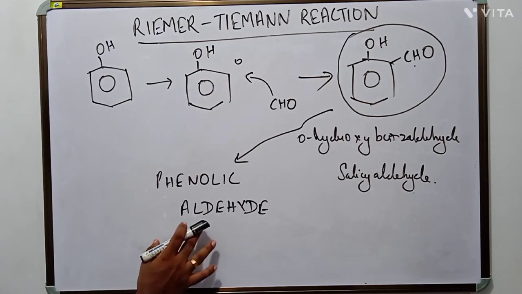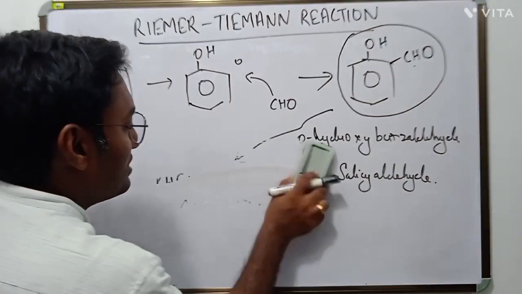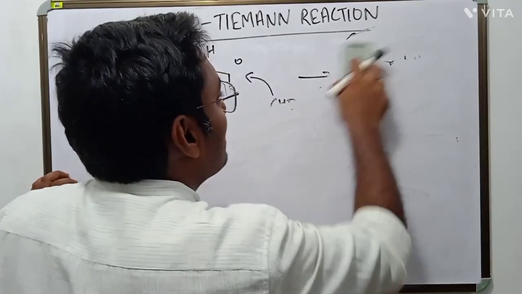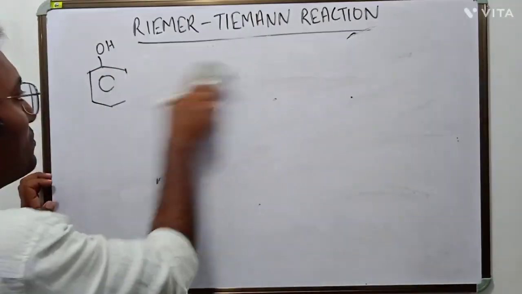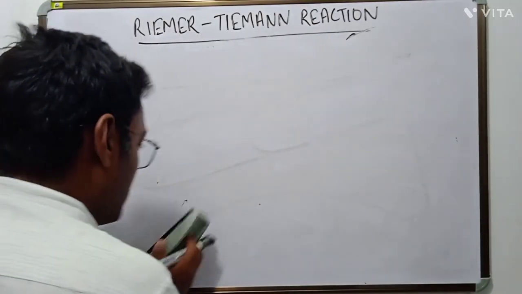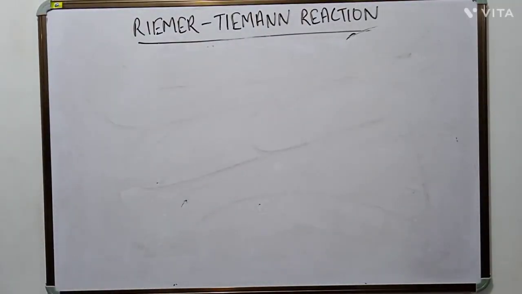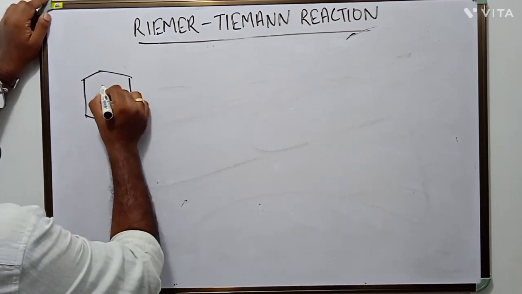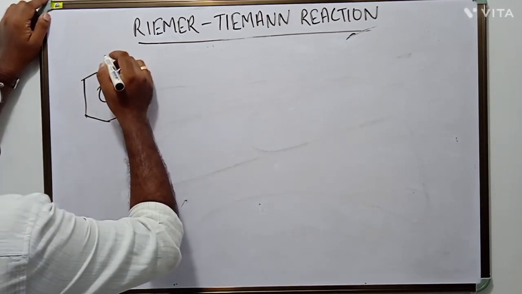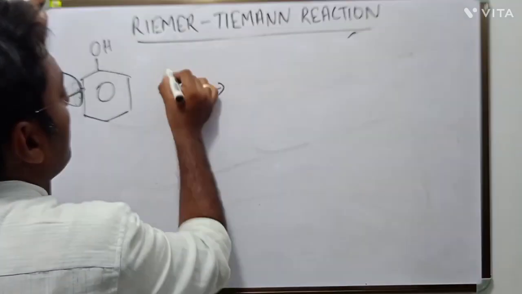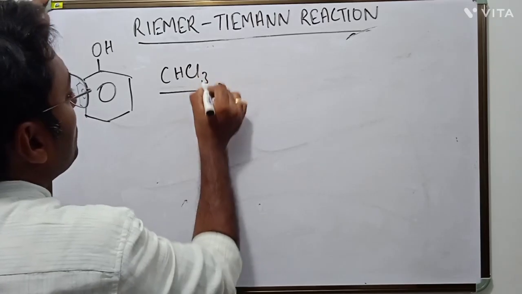Now, how to make such a phenolic aldehyde using this reaction? For that we have to look into the reaction itself. Let us look what happens in the reaction. In this reaction there is of course phenol.